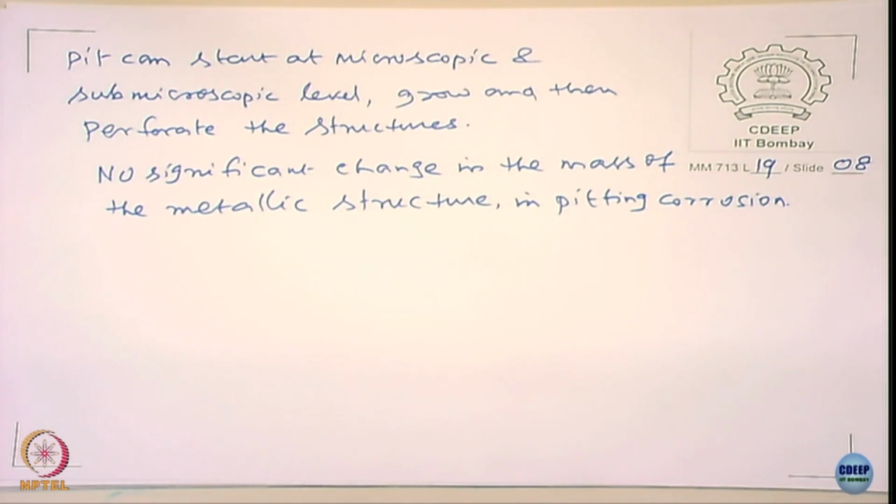And why does pitting really originate? There are a lot of studies, probably hundreds of papers devoted to understanding the pitting mechanism, pitting characteristics and so on, and I do not think we have the last word in understanding the pitting mechanism so far.